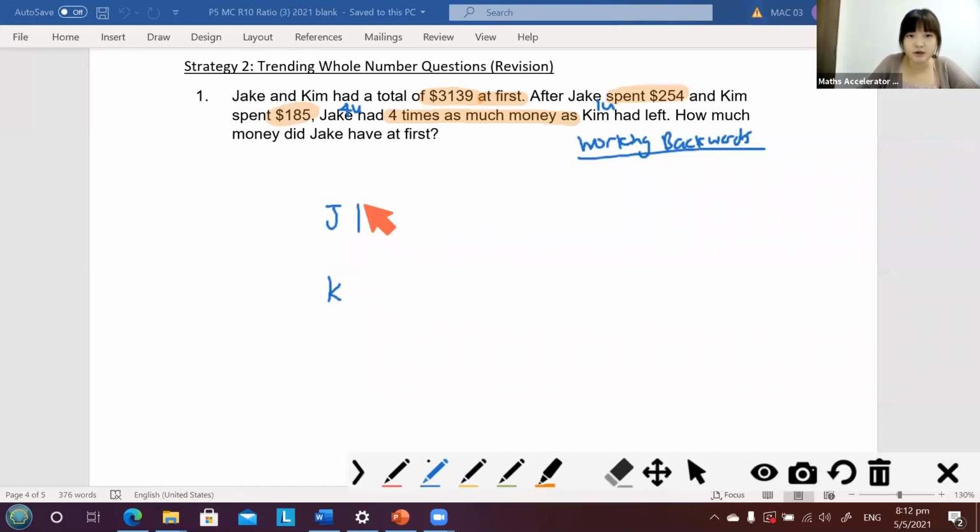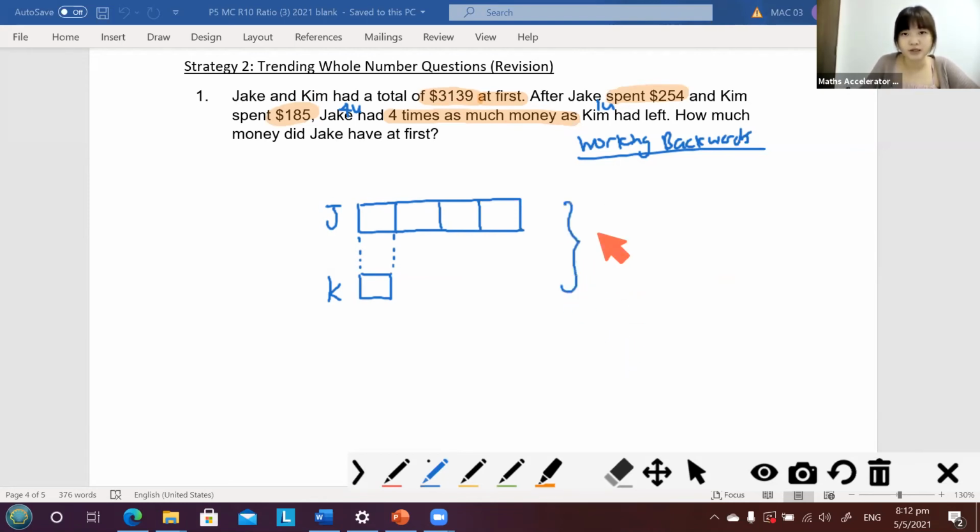Which means we start off here with the 4 units. Okay, and Kim is gonna have 1. But can I label the total as 3,139? Yes or no?